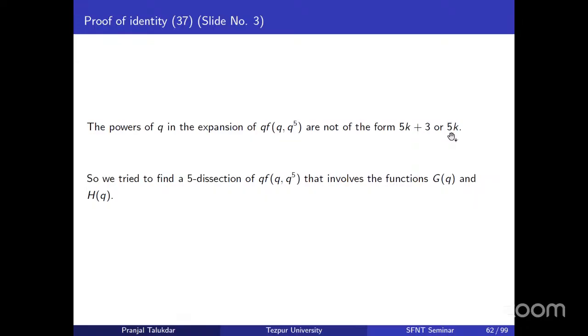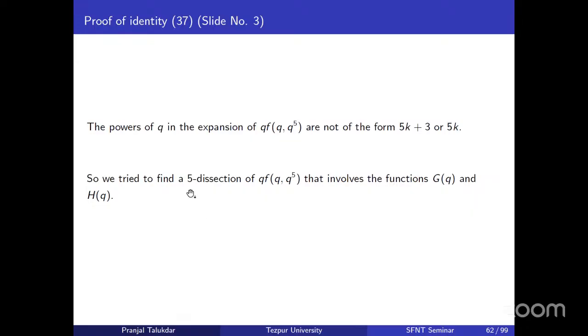Then it is obvious that if somehow we can express this series as the summation of some counterparts of q to the power 5, or some series containing q to the power 5, then it may be helpful to us.